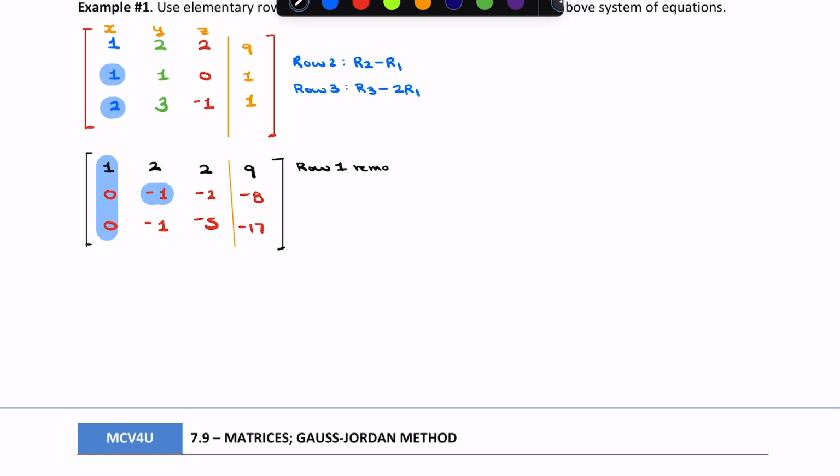That remains unchanged. And this is also called the control row. And the reason it's called the control row is because it has all 3 variables.